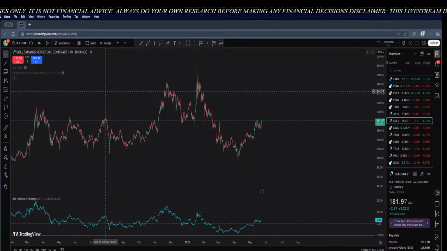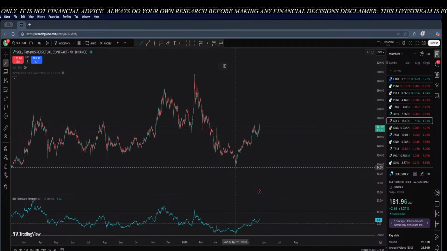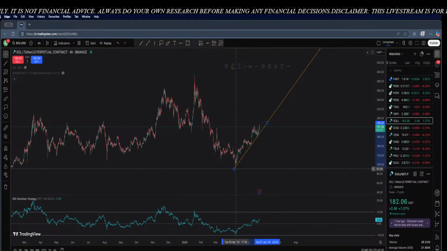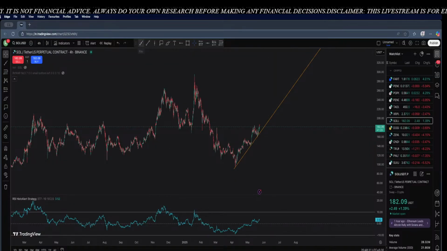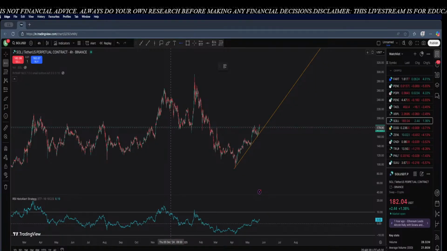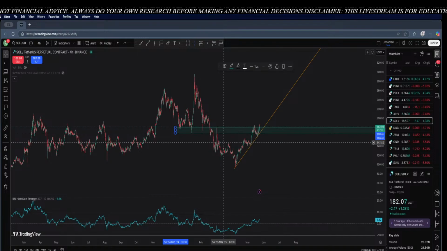All right. This is Solana. Let me set up some trend lines. There we go. Beautiful. And of course, I would love to set up some key levels. This would be a zone actually, right here.